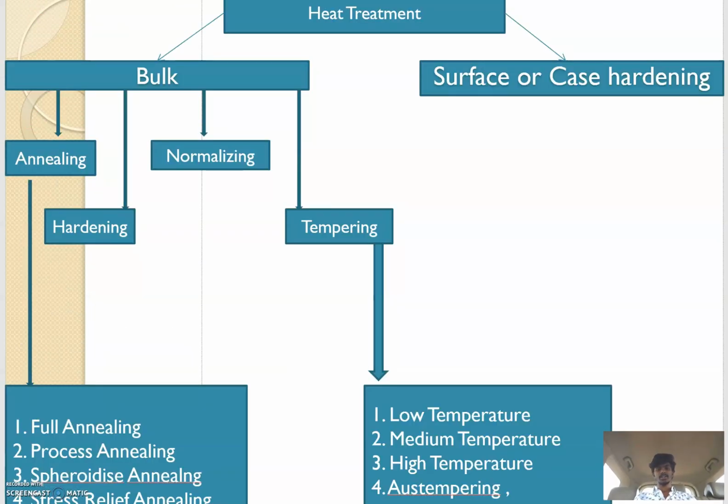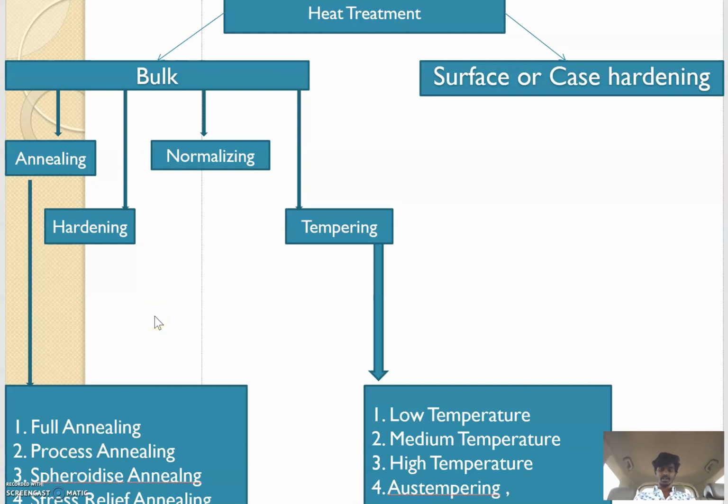Heat treatment is divided into two types, bulk and surface or case hardening. Bulk is divided into four types: annealing, hardening, normalizing, tempering. In annealing, we have full annealing, process annealing, spheroidized annealing, stress relief annealing.